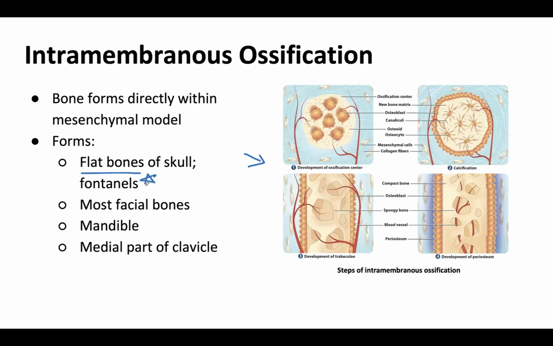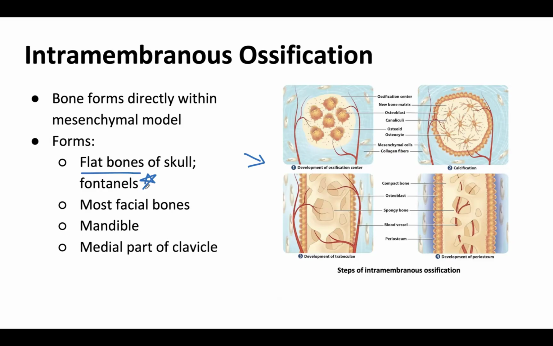And fontanelles are located between certain bones of the cranium. They're often referred to as soft spots. And these are important in allowing the relatively large skull to exit the relatively small birth canal, in addition to facilitating rapid growth of the brain.